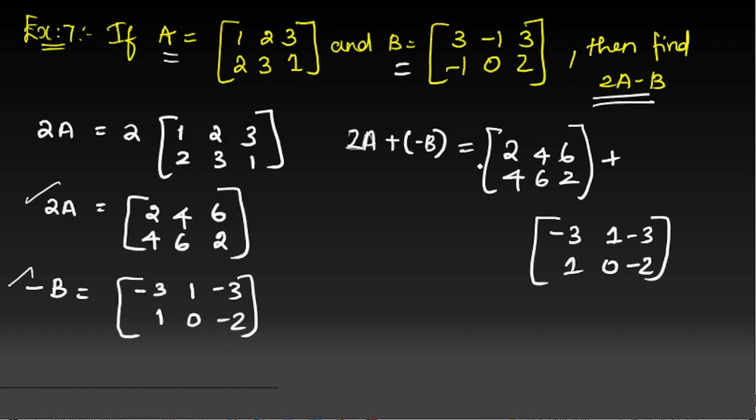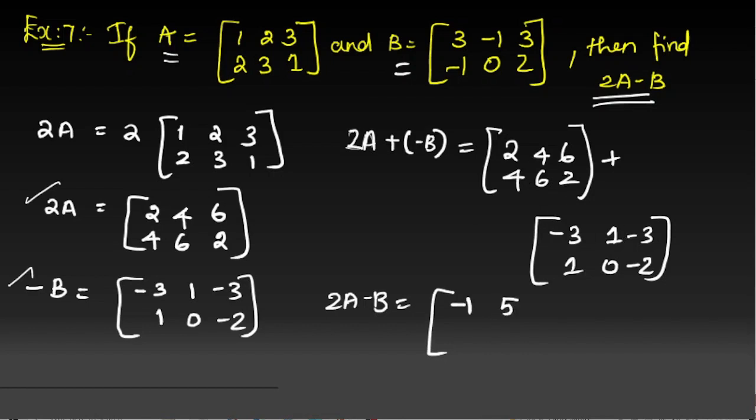Now it's very simple, you just have to add and write the final value. So 2A minus B is equal to, you just add the values. Adding is easier than subtracting, right? Corresponding entries you have to add. 2 plus minus 3 is going to be minus 1. Then 4 plus 1 is 5.